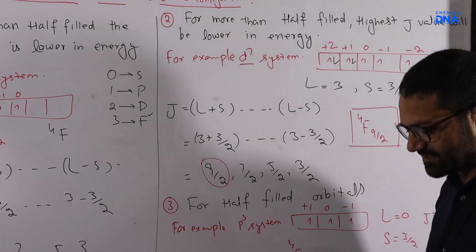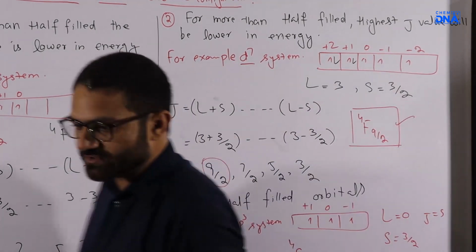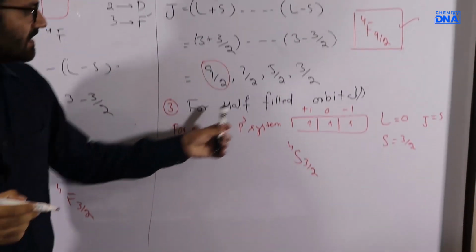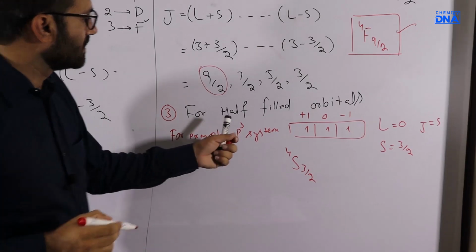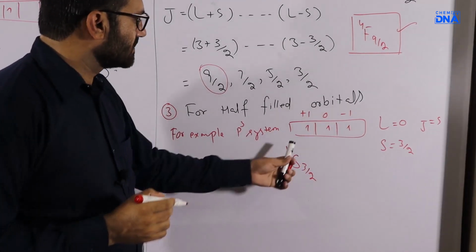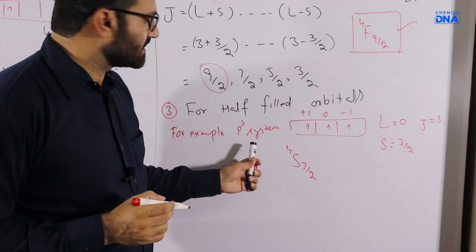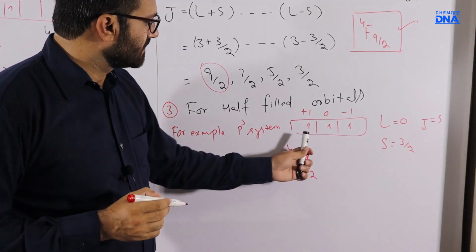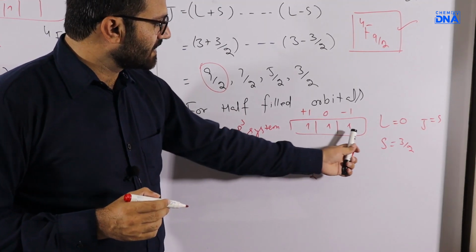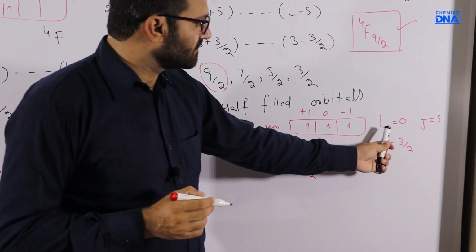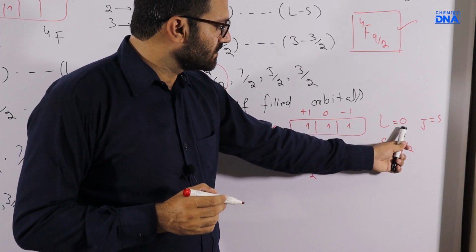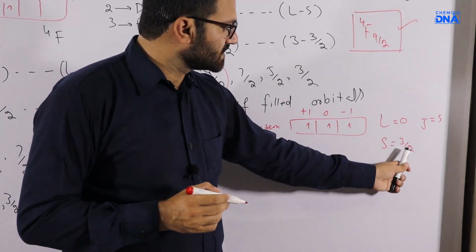Now we will move towards the third rule, which is for half filled or partially filled orbitals. Here we take an example, that is the P3 system. In this case, all the orbitals are partially filled, where you will get L equal to 0 and S equal to 3/2.